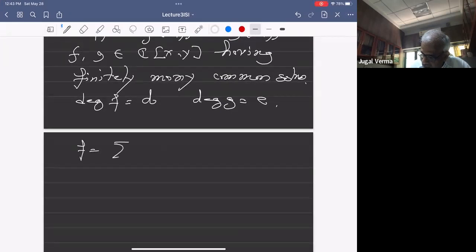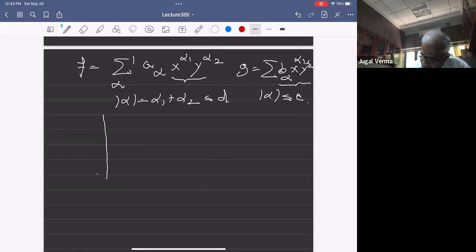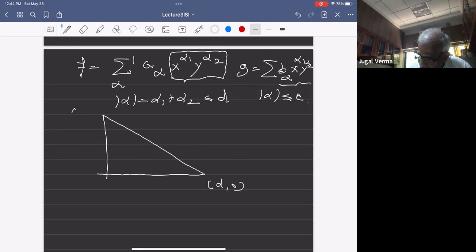When I write F as a sum of monomials, a alpha x^alpha1 y^alpha2, and G as a sum of b alpha x^alpha1 y^alpha2, then mod alpha is less than or equal to D for F, and mod alpha is less than or equal to E for G. So F may involve monomials of degree at most D, and G monomials of degree at most E. When I plot the Newton polygon of F, I look at monomials of degree at most D. If this is a monomial of degree D, then alpha 1 plus alpha 2 is D, so it lies on the line through (D,0) and (0,D).